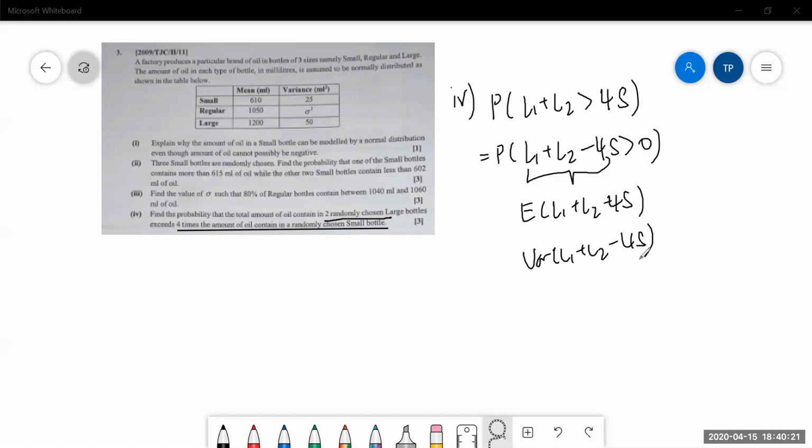Or rather, you can let W be equal to L1 plus L2 minus 4S. Expectation is 610 plus 1050 plus 1200. Is it? When you get the final answer, you will know. Okay, let me think.